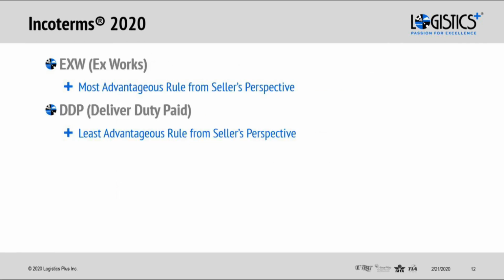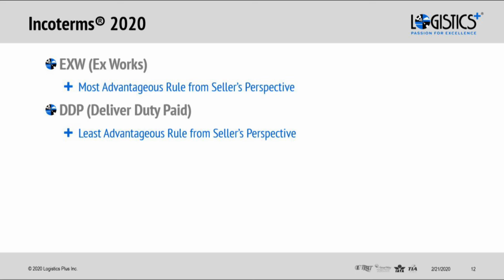So at the top, we have one rule in what's called the departure category, Ex Works. In Ex Works, the seller virtually has no risk or costs for the transport of the goods, which is why we consider it the most advantageous from the seller's perspective. They're not paying for any freight and they're not having any risk. As soon as they make the goods available to be packaged and picked up by the carrier nominated by their customer and their forwarder, they notify the notified party, goods get picked up, and they have no risk or cost from that point.